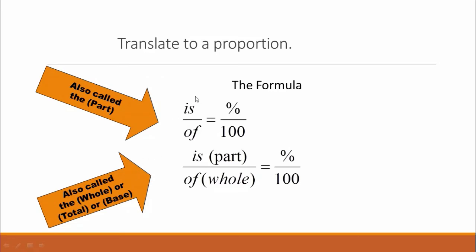So part divided by whole is equal to percent divided by 100. This is the translation of the given formula by which we can calculate the percentage.